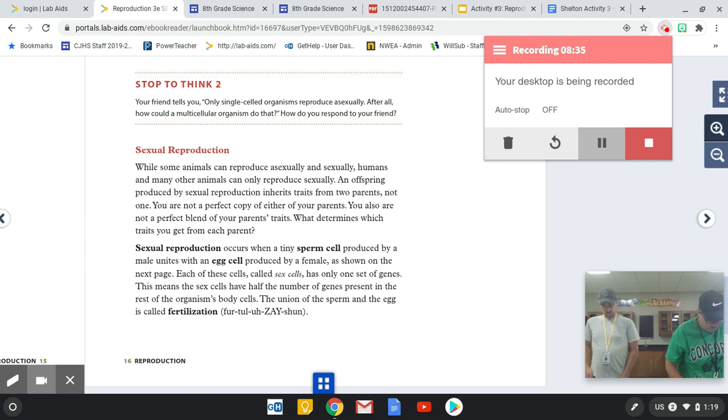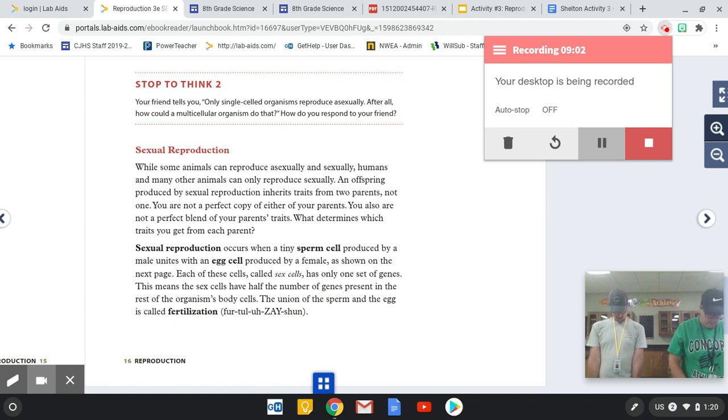Sexual reproduction occurs when a tiny sperm cell produced by a male unites with an egg cell produced by a female, as shown on the next page. Each of these cells, called sex cells, has only one set of genes. This means the sex cells have half the number of genes present in the rest of the organism's body cells.